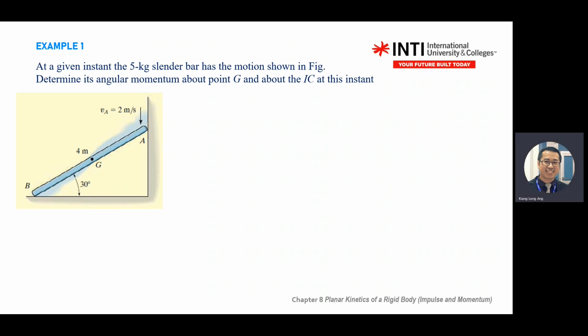Now, before you solve the question, you logically think how this object will move. Will it move in translation, rotation, or general plane? So in this case, if you have a velocity at point A, this one will rotate clockwise. When you rotate clockwise, you already have the omega parameter. You have omega, and you have alpha also.